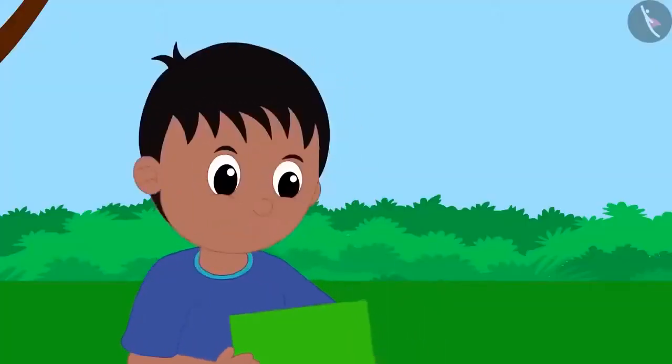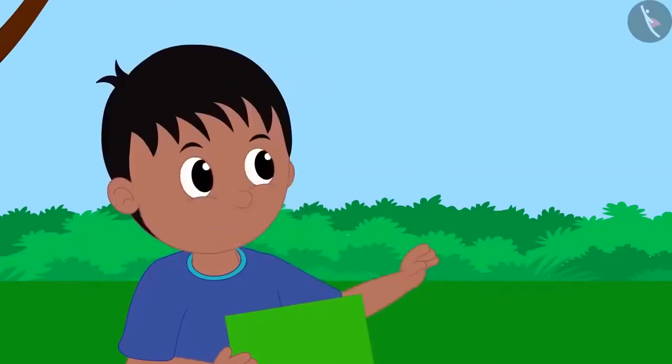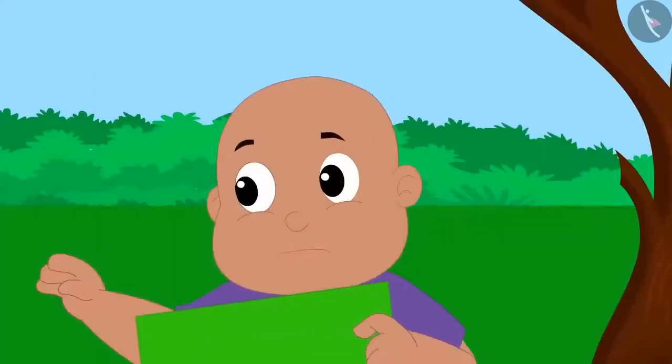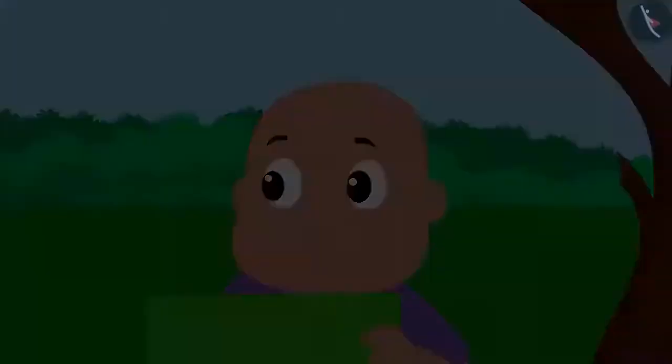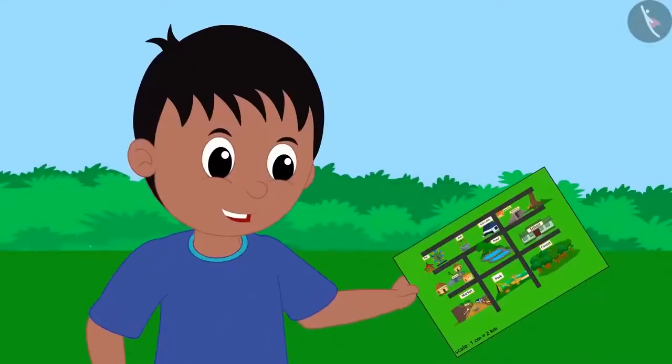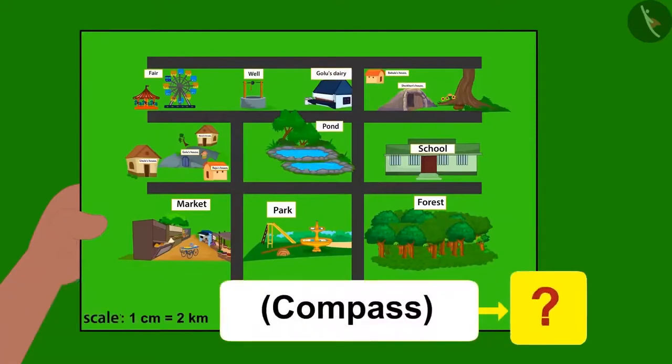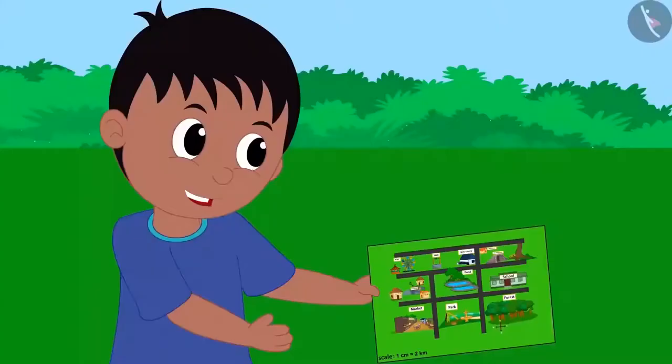Oh, Bablu, can't you spot the compass given on the map? No, where is that? Then Raju took a look at Bablu's map. Now I get it. There is no compass given on your map. But take a look.